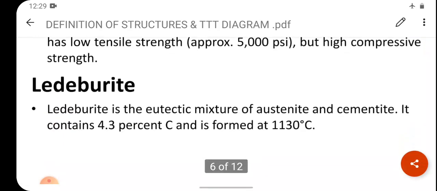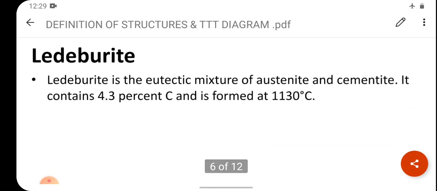Now we'll discuss ledeburite, already told in the iron carbon diagram. Ledeburite is the eutectic mixture of austenite and cementite. वहाँ पे कौन सा रिएक्शन हो रहा था? यूटेक्टिक रिएक्शन. फर्स्ट क्या था? पेरिटेक्टिक रिएक्शन. क्लियर?